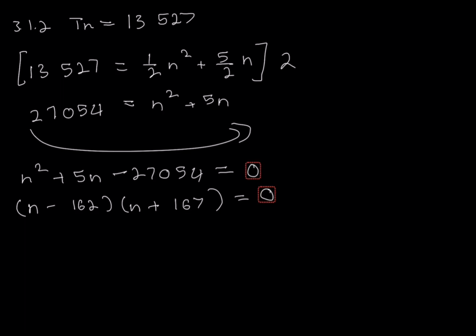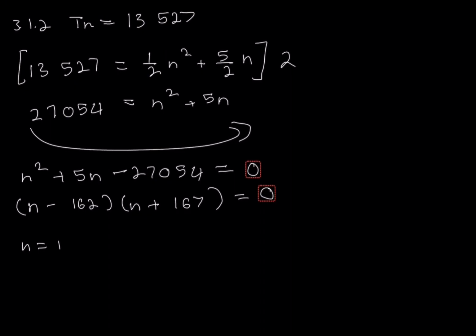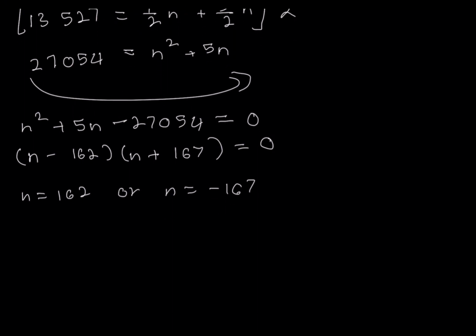All right, good people. And solving for n, n is equal to 162, and then n is equal to negative 167. We know that this cannot occur because we don't like working with negatives. Therefore, we are going to focus on this one.